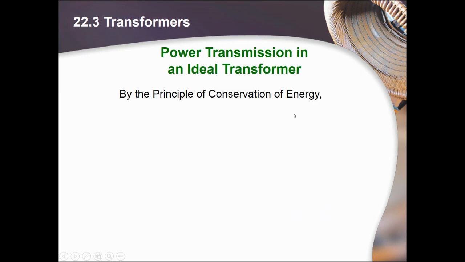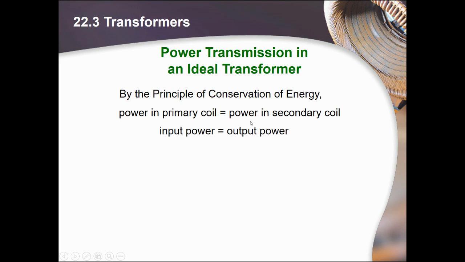By the principle of conservation of energy, there is another formula. Power cannot be lost in an ideal transformer. An ideal transformer means no energy loss. So we always say that how much power goes into the primary coil will equal how much power comes out of the secondary coil. So input power equals output power. We learned that power equals VI.